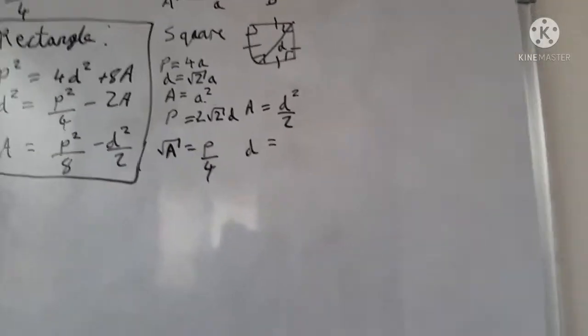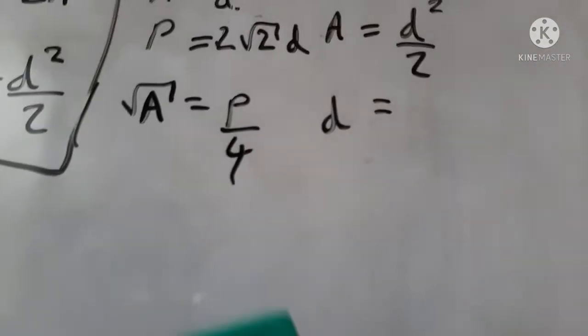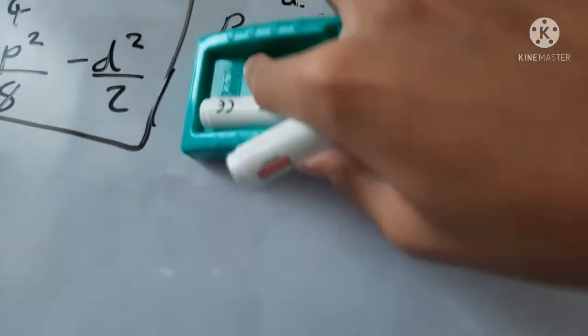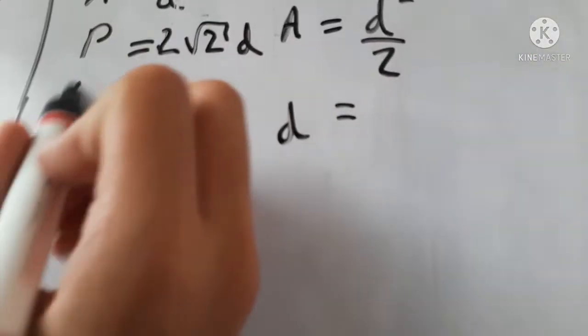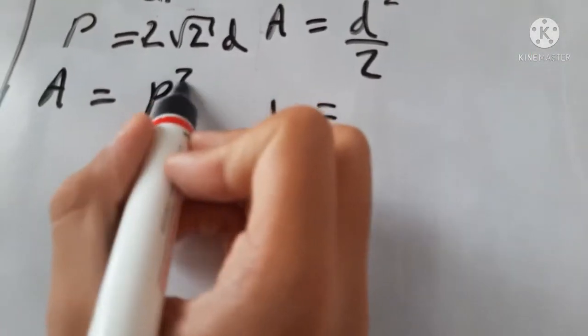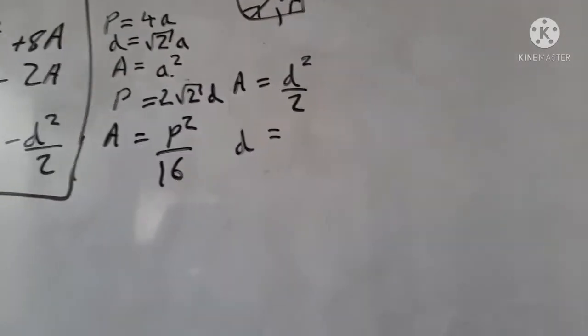Yes, square root of a is p over 4. So squaring both sides, we get that a is p squared over 16. Man, this is good for my reference.